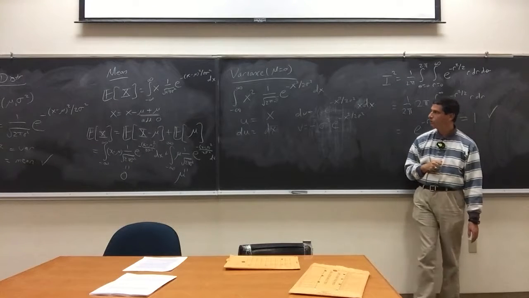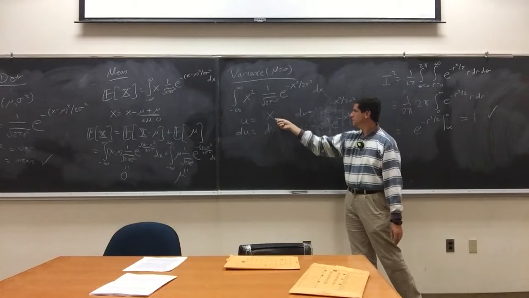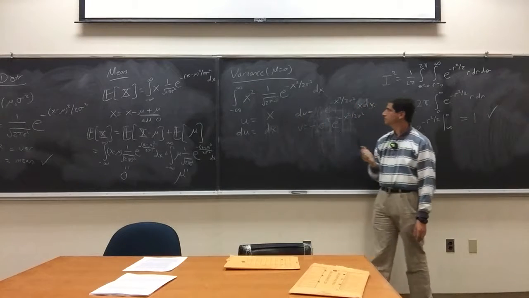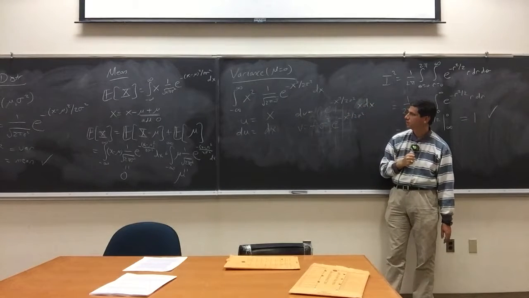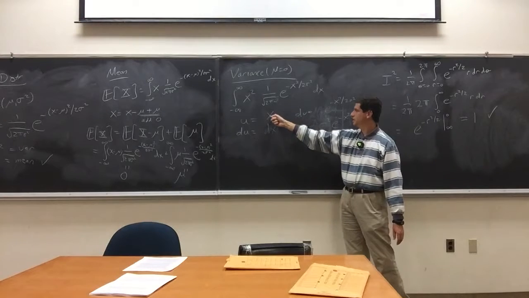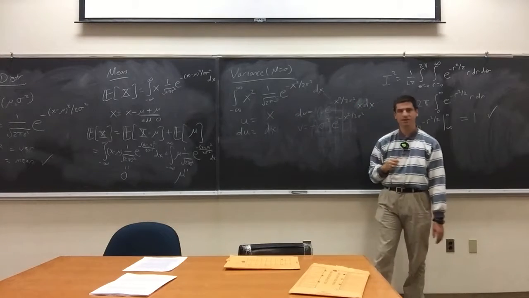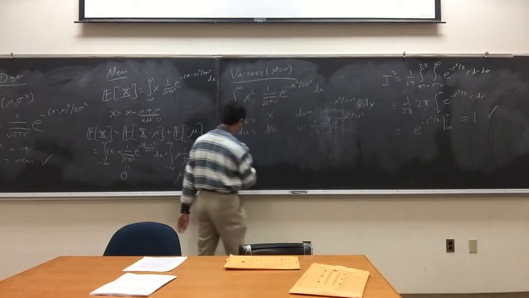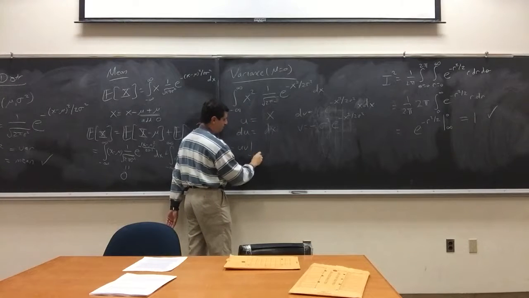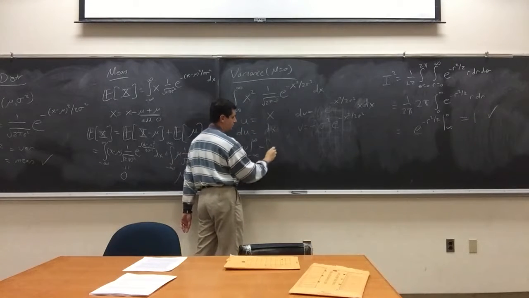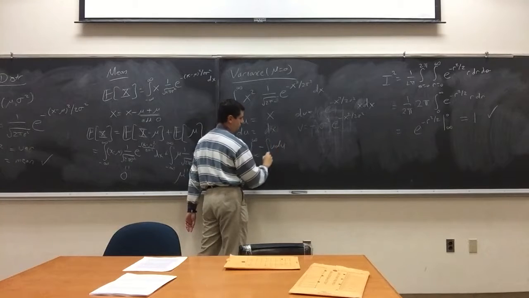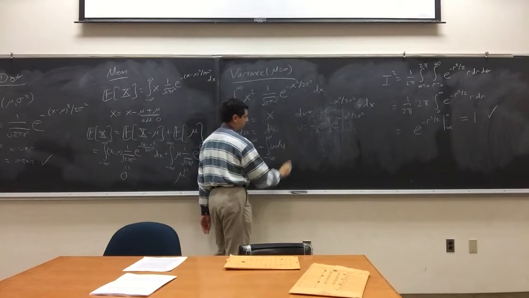Okay? And now we'll have x times dv. We'll have uv, which is x times this at plus and minus infinity. So it's uv at minus infinity, infinity, minus the integral of v du at minus infinity, infinity.